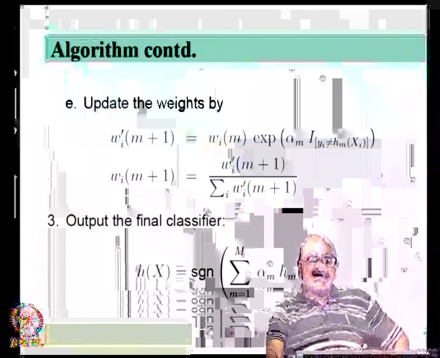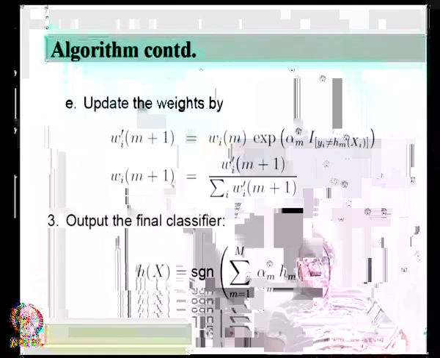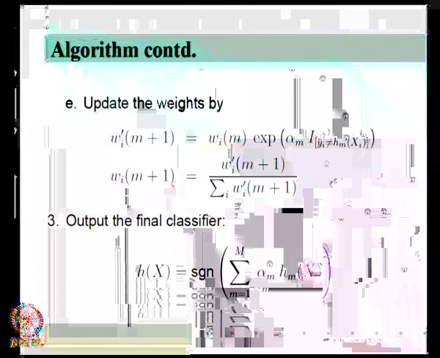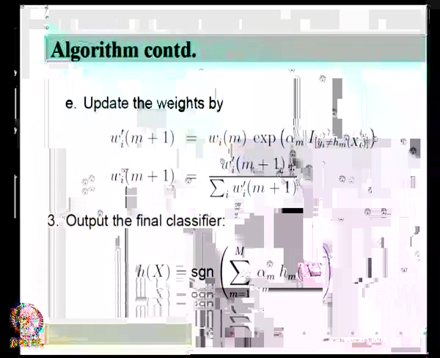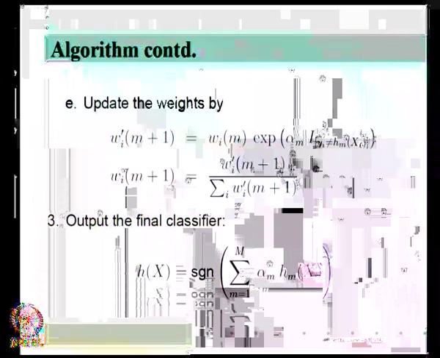Now, for a particular i, if hm(xi) is equal to yi, then this indicator is false, and Wi' m+1 is equal to Wi' m, because exponential of 0 is 1. On the other hand, if yi is not equal to hm(xi), then this indicator is 1, and this exponential αm is positive, so exponential αm is greater than 1.